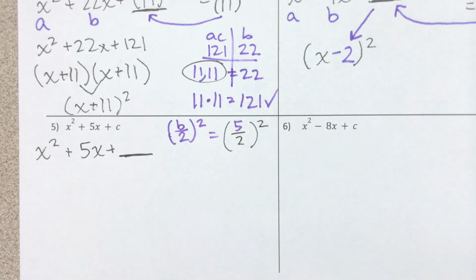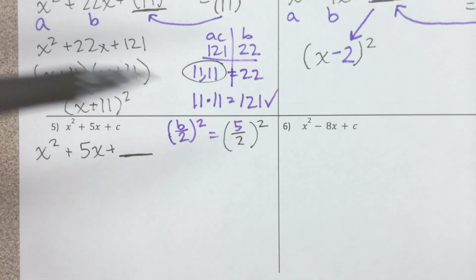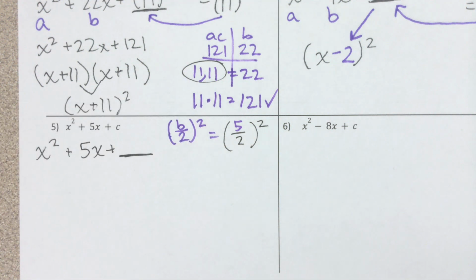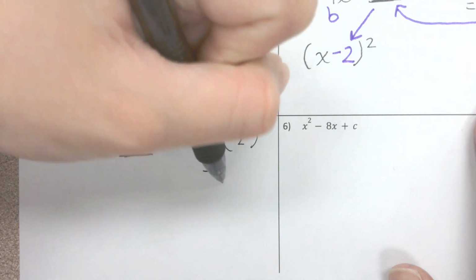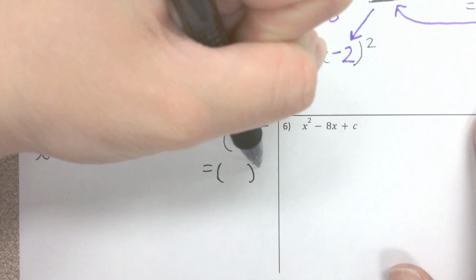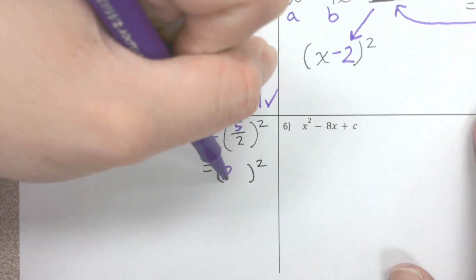Now when you have an odd number in the top of your fraction, obviously it's going to give us a decimal. The choice is yours on how you want to approach that. If you want to leave this as a fraction, that's fine. If you want to leave it as a decimal, that's also fine. This is going to be a nice decimal, so I'm sure most of you would prefer the decimal. So I'm going to use that. 5 over 2 squared, that's 2.5 squared.